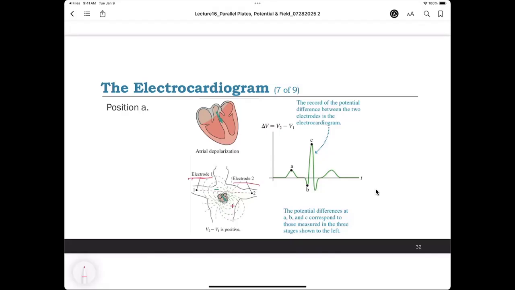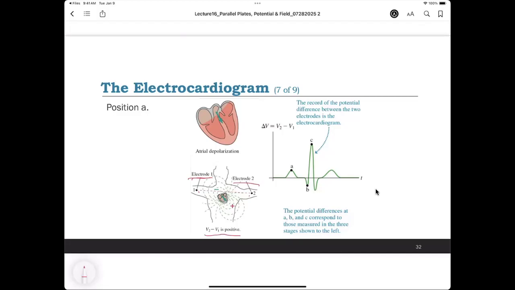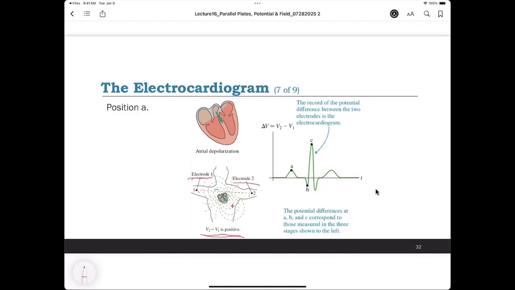Okay, you can see here, for example, this is position A, and there are two different electrodes. Electrode one, electrode two. This is one, this is two, and there will be an electric potential difference, V2 minus V1.